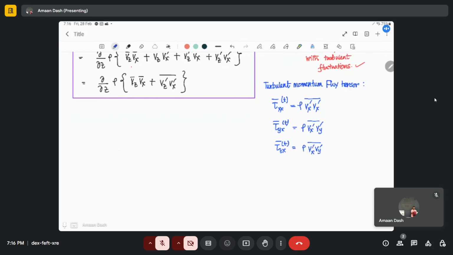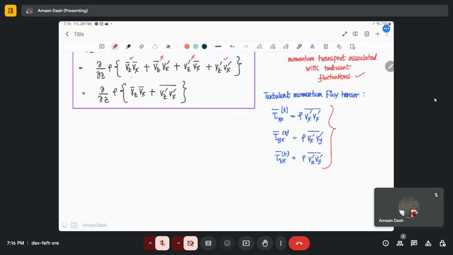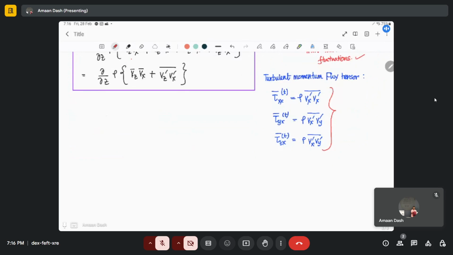Okay, so you can also write in terms of these momentum flux tensors. And all these quantities that we have here are also very popularly known as Reynolds stresses.